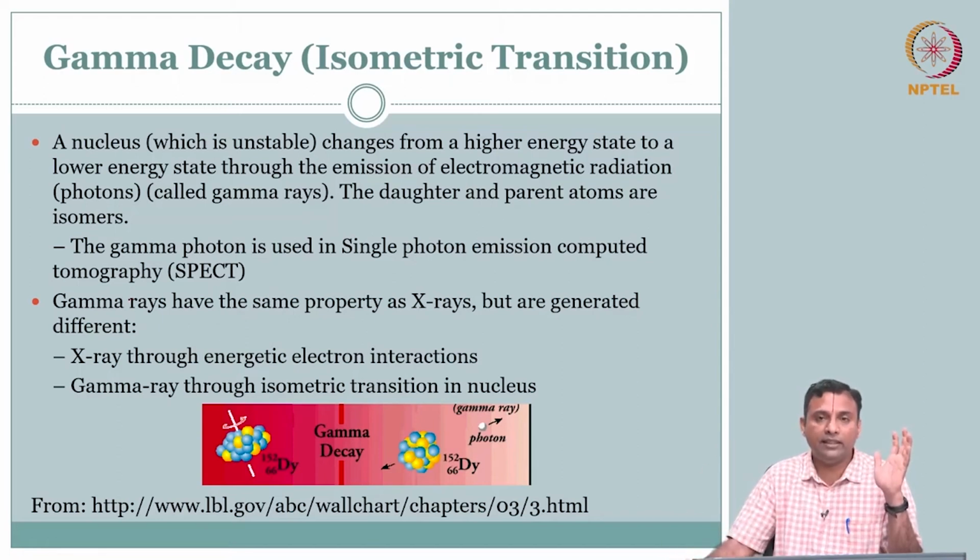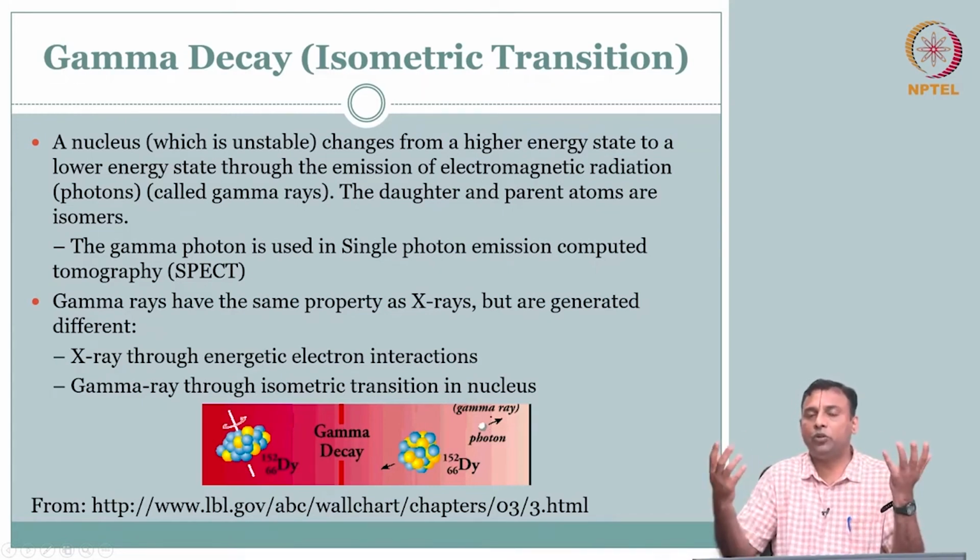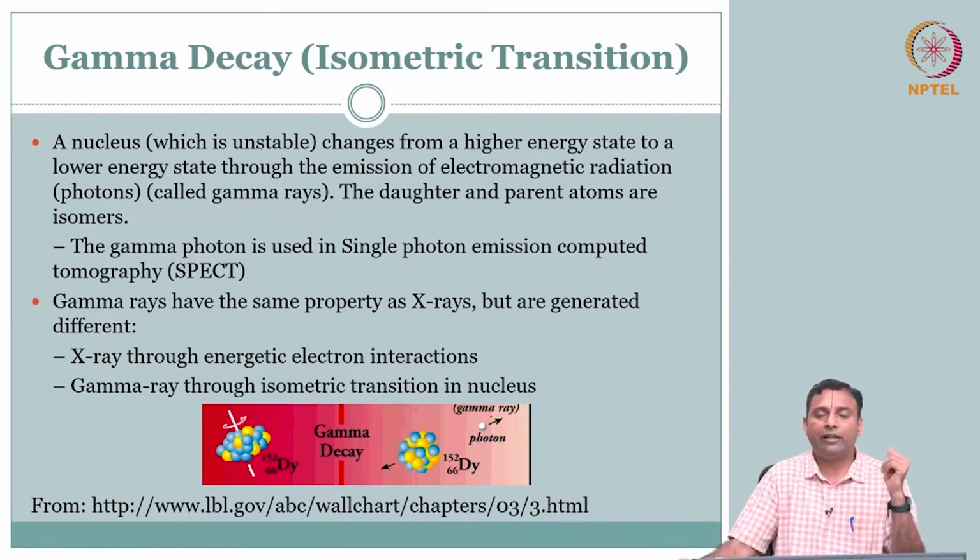But what is key here is that the origin is different. The generation of gamma rays is different. For X-rays we talked about energetic electrons, whereas gamma rays are generated using isomeric decay or isomeric transition. So the origin is different, but apart from that, how the photon interacts with the tissue is going to be similar to what we did for X-ray.